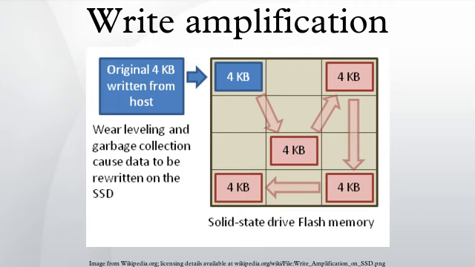Since 2013, triple-level cell flash has been available, with cycle counts dropping to 1,000 program erase cycles. A lower write amplification is more desirable, as it corresponds to a reduced number of PE cycles on the flash memory and thereby to an increased SSD life.